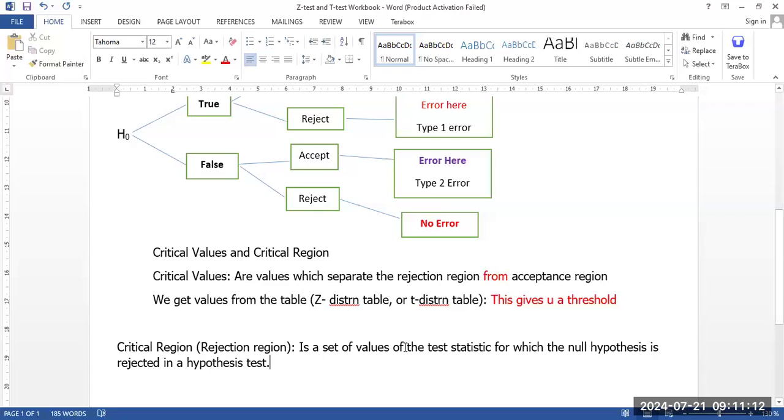The critical region contains set of values in which the null hypothesis is rejected. Basically, every time you hear the word critical region, we are meaning the region where we expect you to reject your null hypothesis.